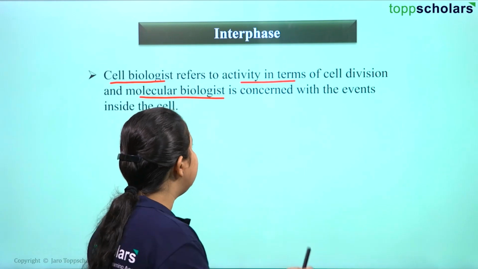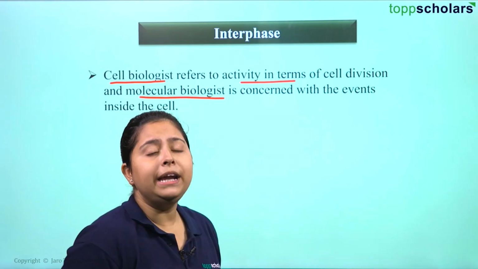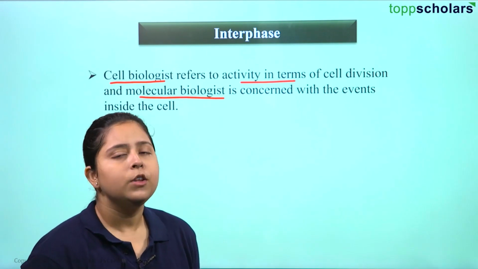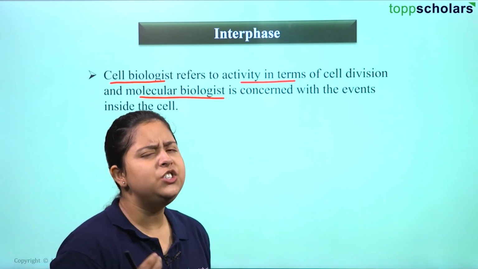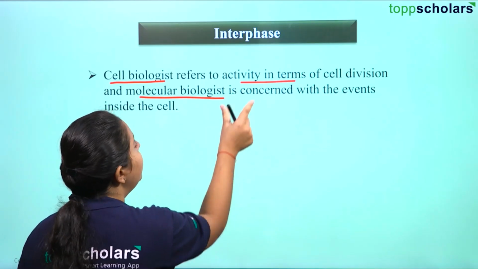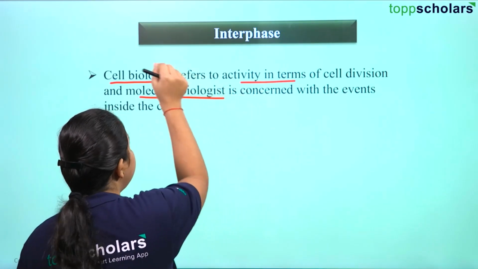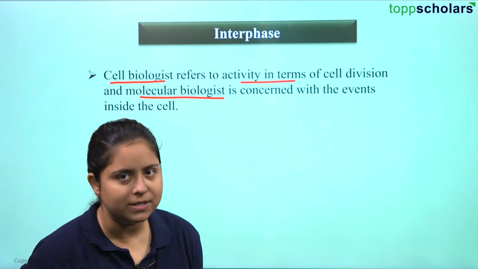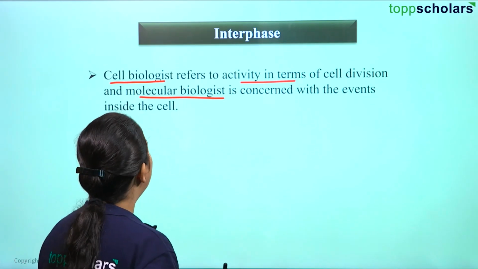So basically, a molecular biologist might not say that M phase is the active phase. We will see all of those things in just a few moments. This is just to clarify the meaning of activity with respect to a cell biologist and with respect to a molecular biologist. Now let us go ahead.